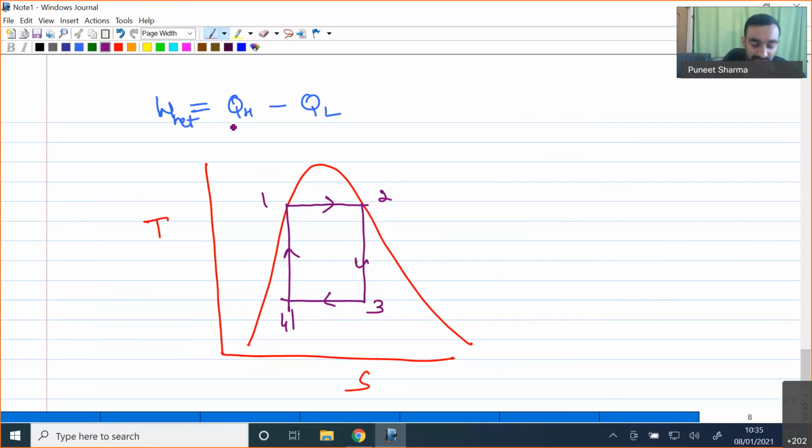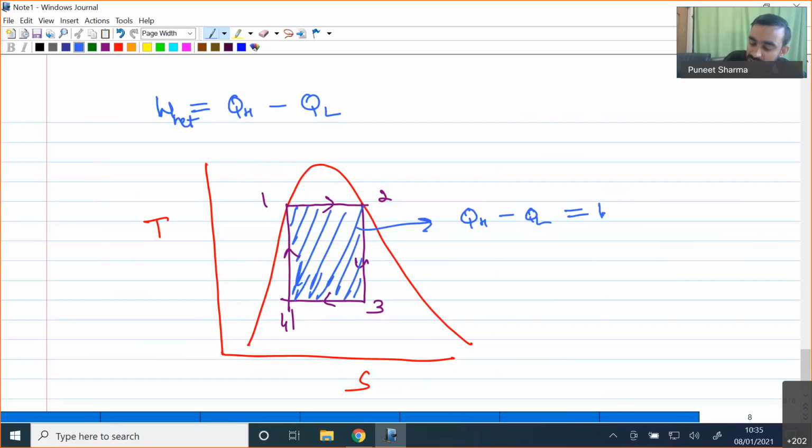So obviously QH minus QL will be nothing but the area enclosed within this cycle. So the area enclosed within the cycle represents QH minus QL. That's why it will be equal to the net amount of work done which we are obtaining from our thermodynamic reversible Carnot cycle.